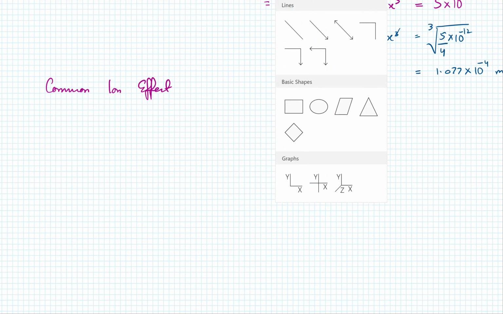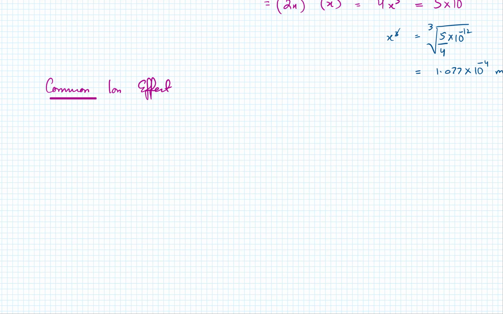What the common ion effect is, is that if I'm trying to dissolve silver sulfate, remember Ksp, just like Kc, its value does not change. The only thing that changes the value is temperature.